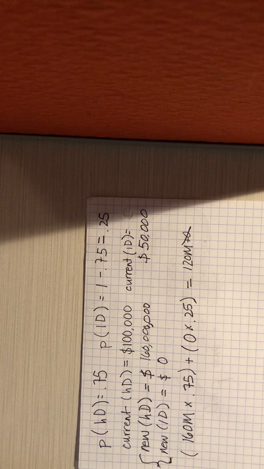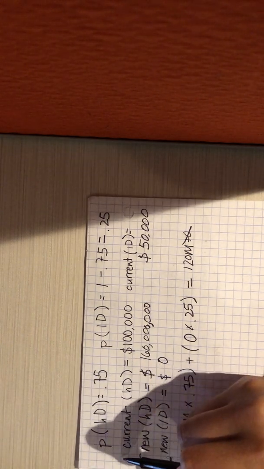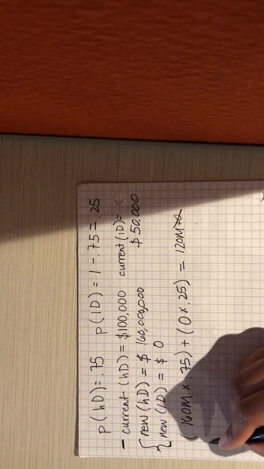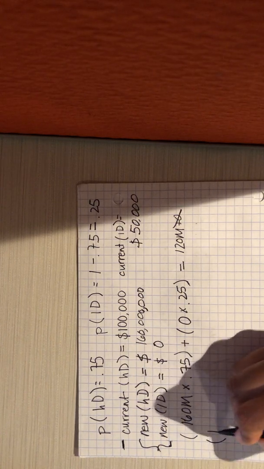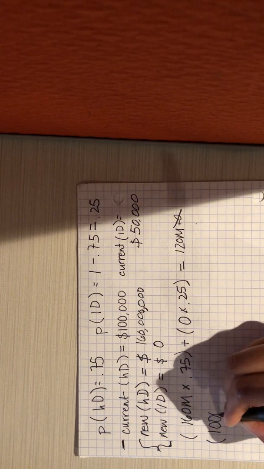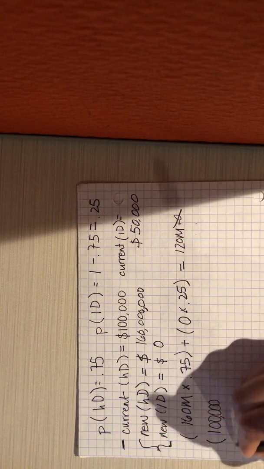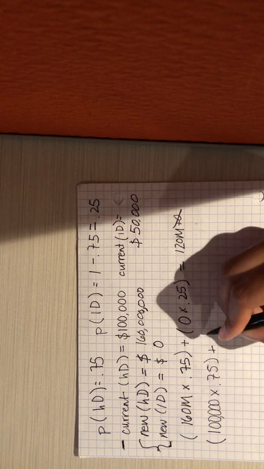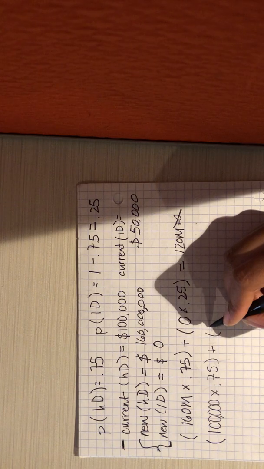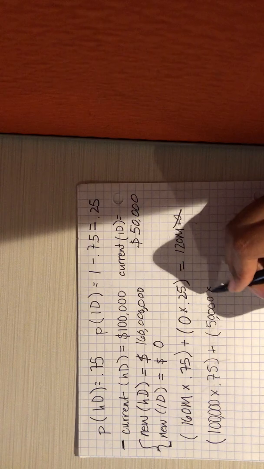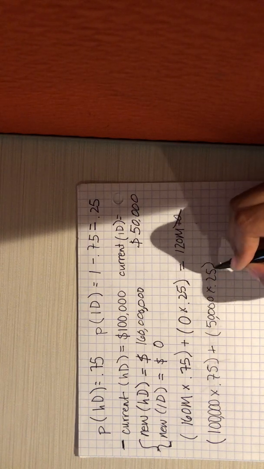Our next problem asks us, what is the expected value of not expanding? So that's this current facility here. So we're going to go in and do the same thing. So the outcome of high demand, so that's 100,000 times the probability of high demand plus the outcome of low demand times the probability of low demand.